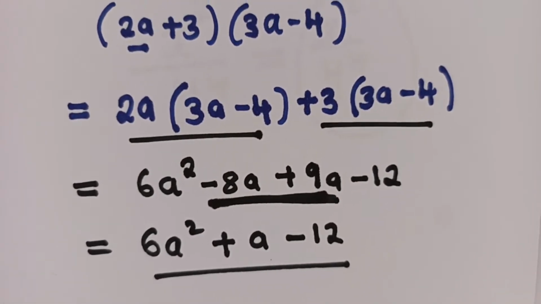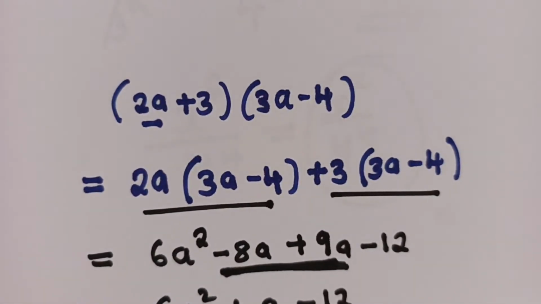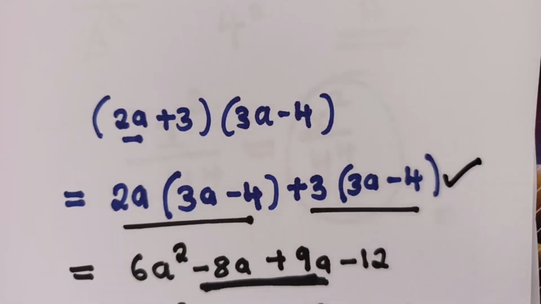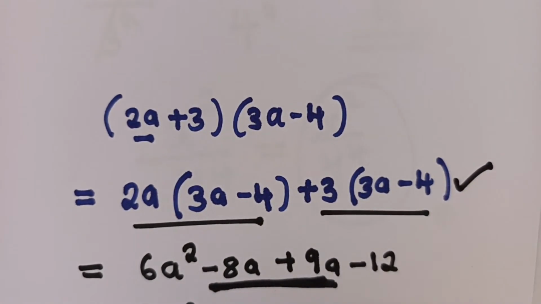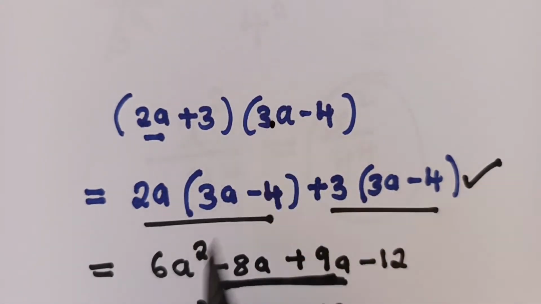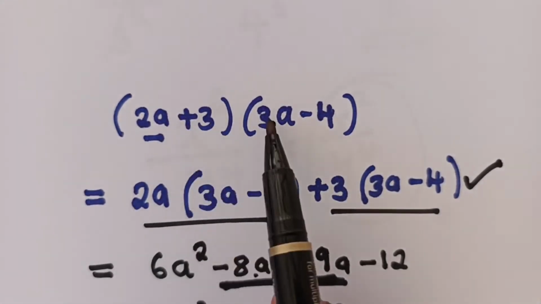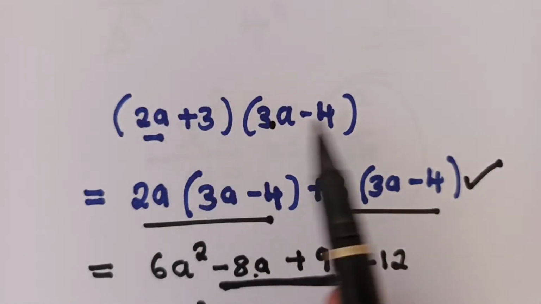So let me just run you through to those people who are asking. Please note that this stage can be skipped. What you can just do here is to multiply this times this will give you this. This times this will give you this. You come to this times this, you're getting this, and then this times this, you're getting that.